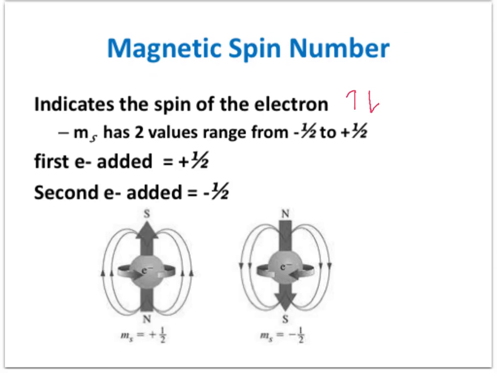So the first electron added to each orbital is given a positive value, positive 1/2. The second electron is given negative 1/2. Positive, we had the arrows pointing up. Negative 1/2, we had the arrows pointing down. So we were doing it already. You just did not know you were doing it. Okay?